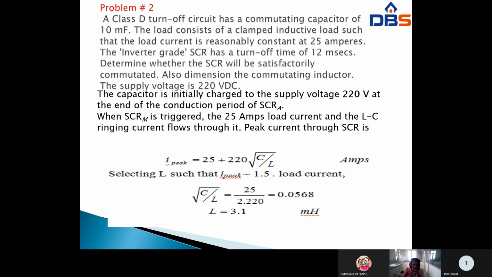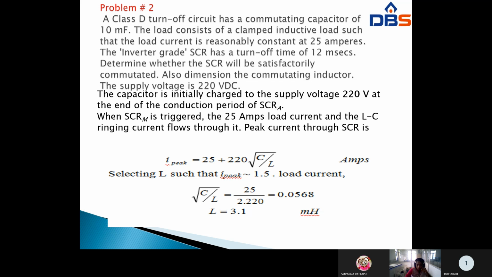So the peak current through the SCR, I peak, equals the load current 25 amps plus the supply voltage 220 times root of C by L.